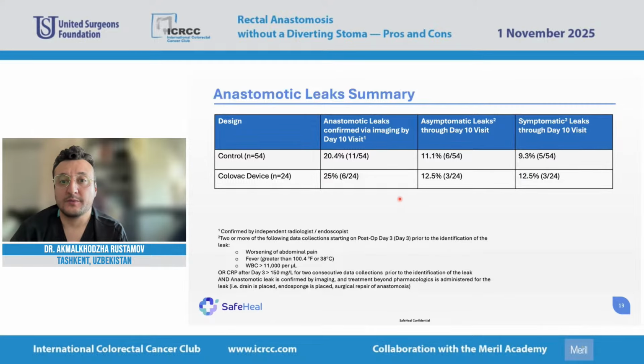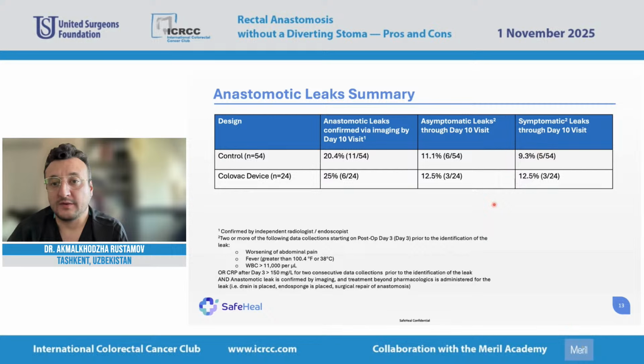In the control arm, 20% of patients had radiologically confirmed leaks compared to 25% in the ColoVac group. When divided by symptom status, asymptomatic leaks were seen in about 20% of ColoVac patients and 11% of controls, while symptomatic leaks occurred in 12% versus 9% respectively.